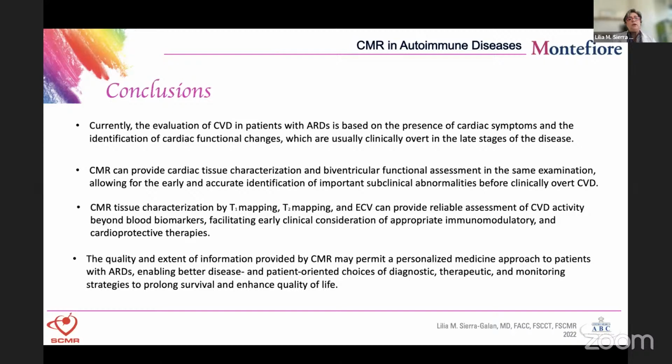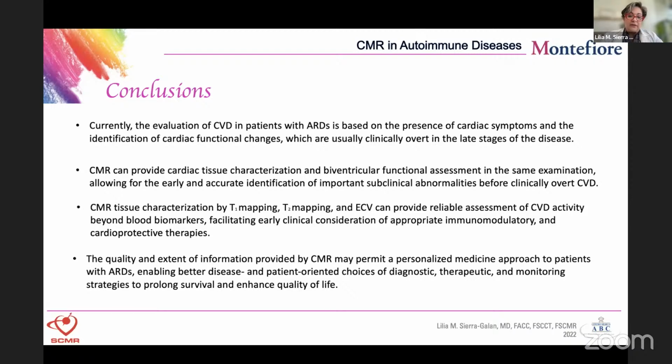So in conclusion, currently the evaluation of cardiovascular disease in patients with autoimmune disease is based on the presence of cardiac symptoms and the identification of cardiac function changes, which are usually clinically overt in the late stages of the disease. CMR can provide cardiac tissue characterization and biventricular function assessment in the same examination, allowing for the early and accurate identification of important subclinical abnormalities before clinically overt cardiovascular disease.